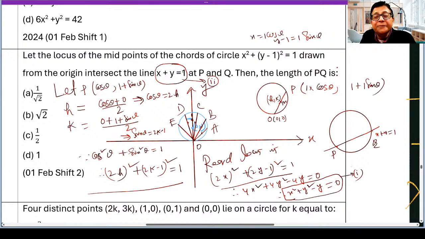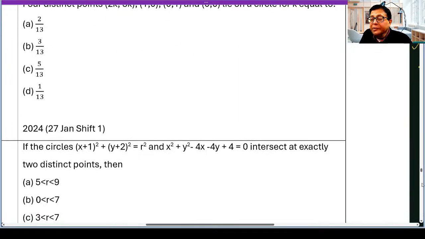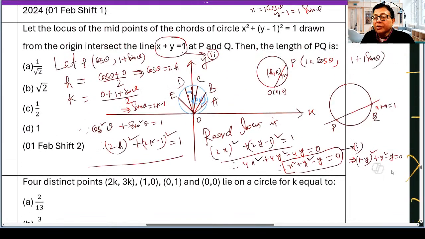It's very easy to find the length PQ now. How? Just take x from here and substitute. x is what? 1 minus y, whole squared, plus y squared minus y equal to 0. Just replace it. What is the idea?